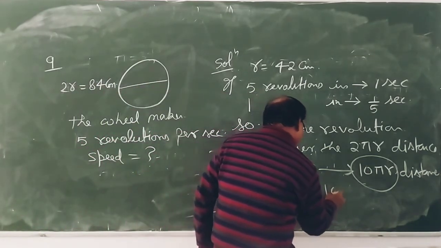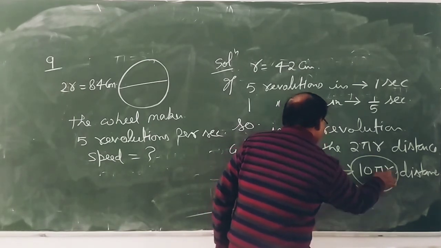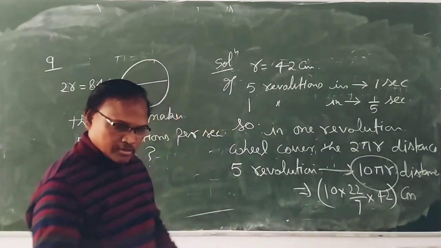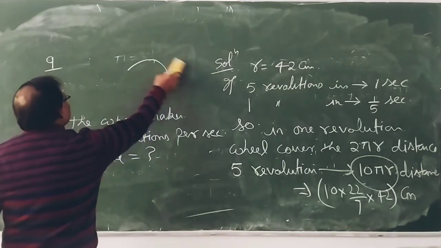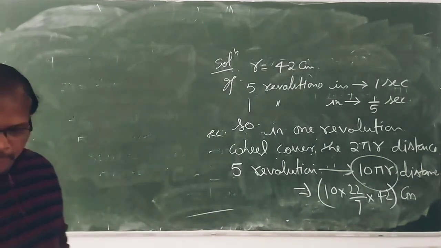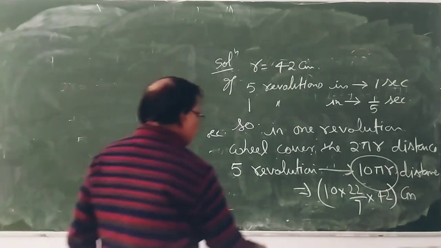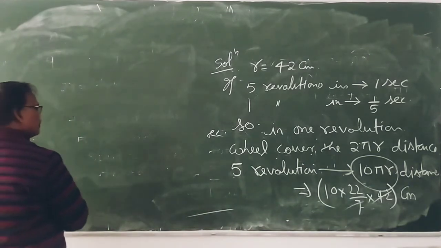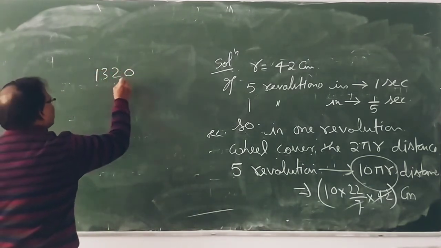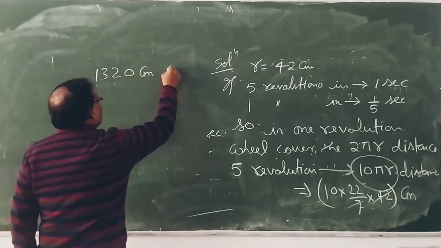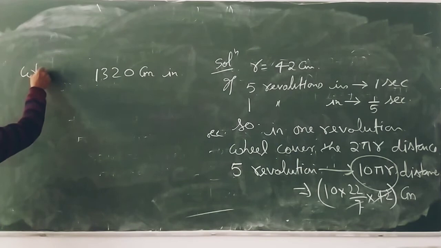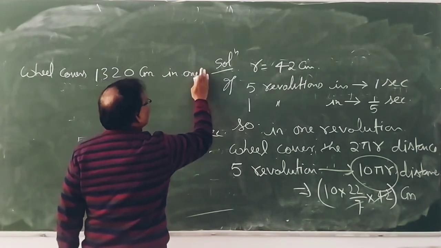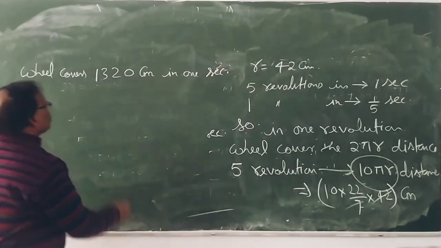तो व्हाट इज द स्पीड, तो पहले तो हम इसको डिस्टेंस निकाल लेते हैं, 10 into 22/7 into 42, और दिस इज इन सेंटीमीटर, so what you will get, 1320 सेंटीमीटर व्हील कवर इन 1 second। So what is the speed?